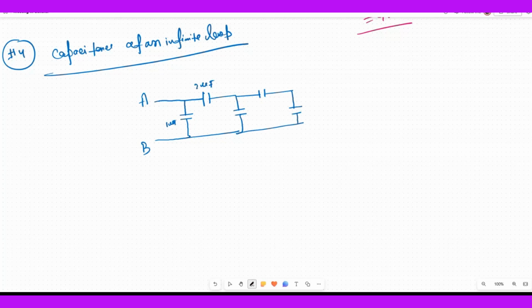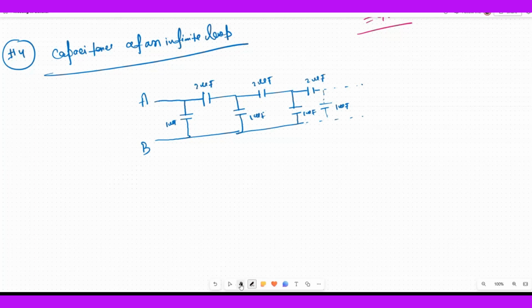This is an infinite loop, I told you, so it continues in this manner. Again this will come here, 1 microfarad. It continues this way, 1 microfarad only. These are all 1 microfarad, and this is 2 microfarad. We have to find the equivalent capacitance between the 2 points A and B.